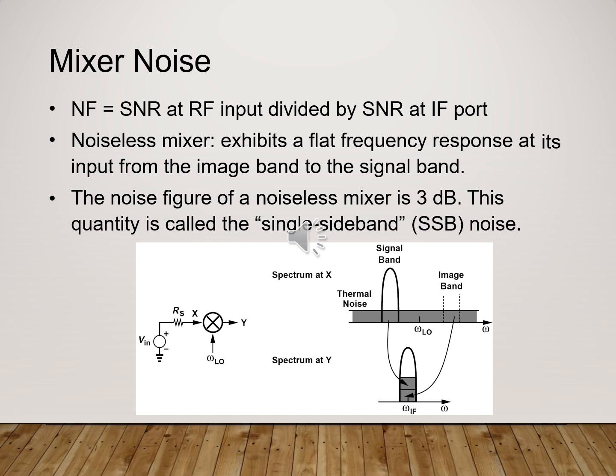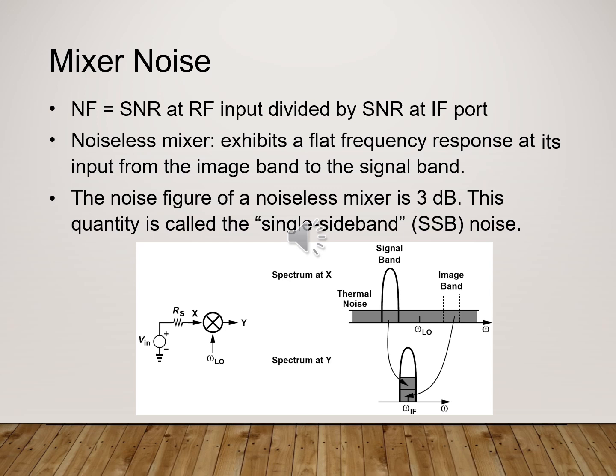Mixer noise. Now, noise figure is generally measured with a wideband noise source that is switched on and off. There are two definitions used for noise figure with mixers, often a source of confusion. We have single sideband noise figure or double sideband noise figure. Single sideband noise figure assumes signal input from only one sideband but noise inputs from both sidebands.